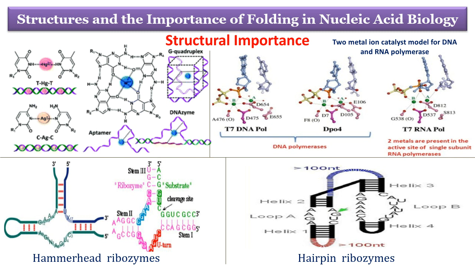The hammerhead ribozyme is composed of three double-stranded domains connected by a single-stranded region containing conserved nucleic bases that are necessary for the cleavage activity. Whereas the hairpin ribozyme bound to its substrate constitutes two domains termed A and B, which contain an internal loop flanked by the two helices.